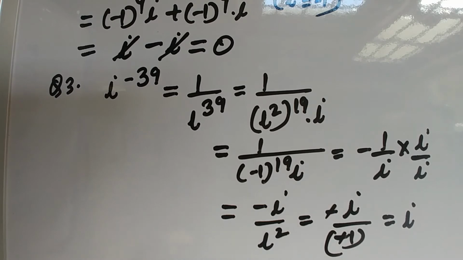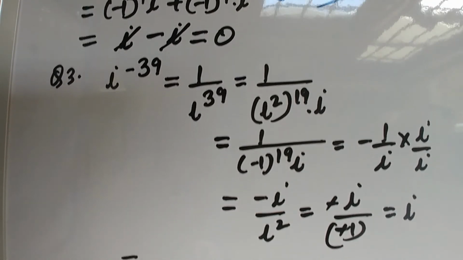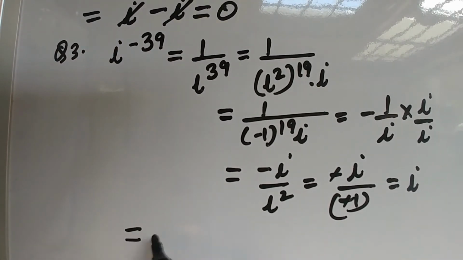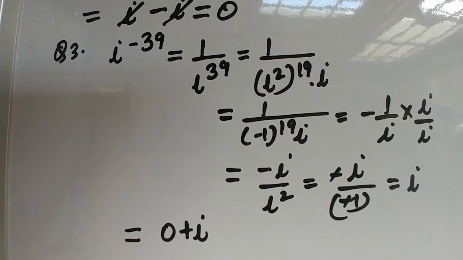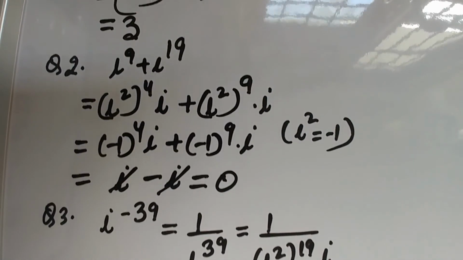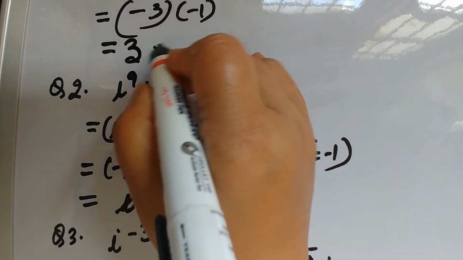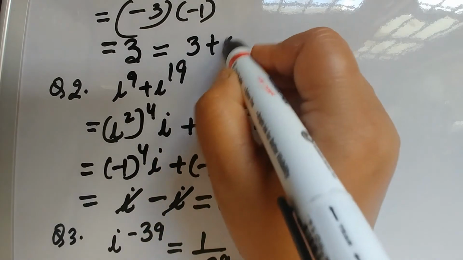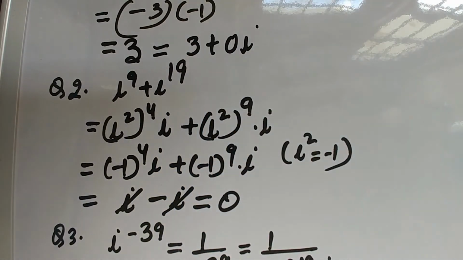And in standard form, it can be written as 0 plus iota, if it is to be expressed in the form of a plus iota b. Similarly, in the very first question, your 3 can be expressed as 3 plus 0 iota, if we need to express it as a plus iota b.